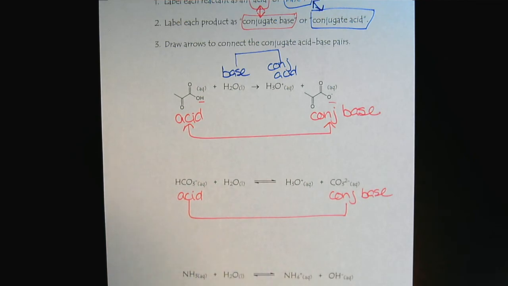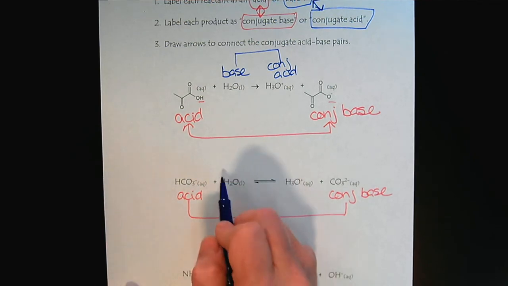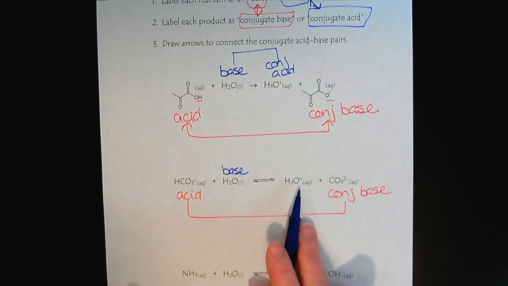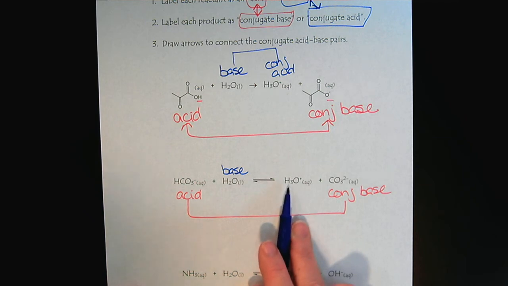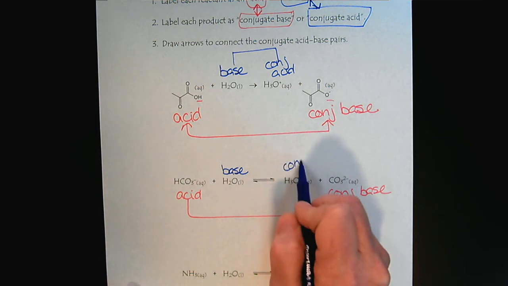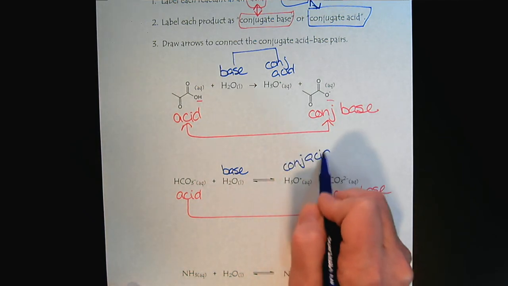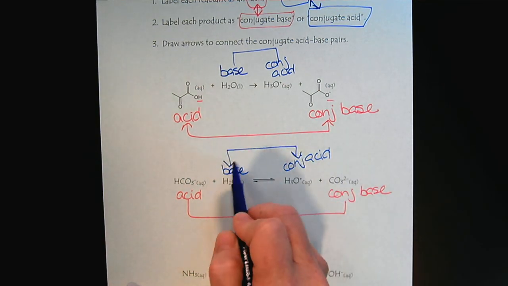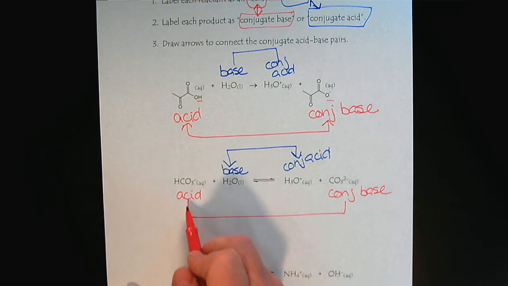Since bicarbonate has taken the role of the acid, the water has no choice other than to be the base. We see it is the base because it's accepted a proton, and so we see the conjugate acid as hydronium. This would be our second conjugate acid-base pair.